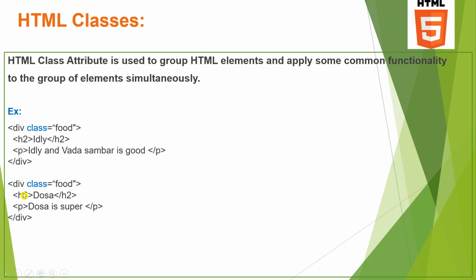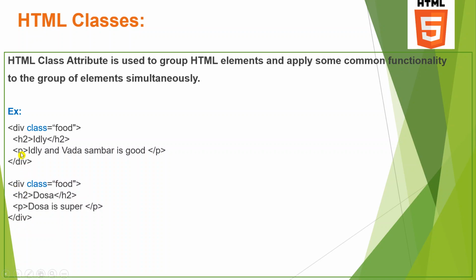Then, like that, some other h2 tag is there, dosa, and a paragraph description, dosa is super. These two HTML elements, a heading element and a paragraph element, are wrapped inside division tags.